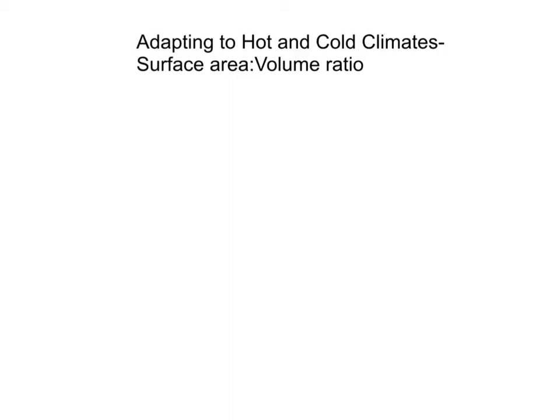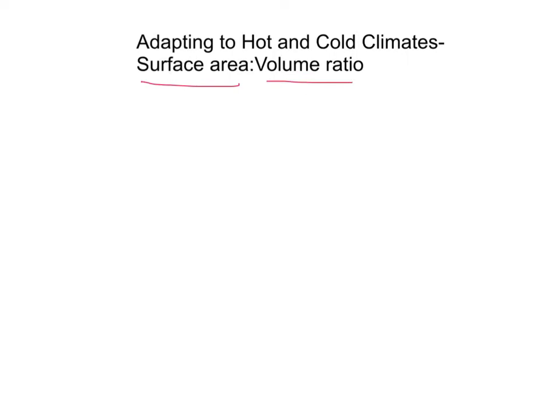In a cold climate, if you're trying to conserve heat, the last thing you're going to want to do is lose heat through your body, through your surface. So by working out the amount of surface you expose per unit volume, we can learn more about the organisms and whether they are more likely to lose heat or not. So we're going to talk about surface area to volume ratio.